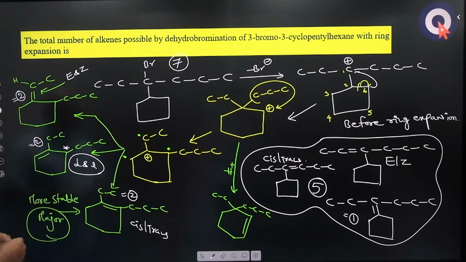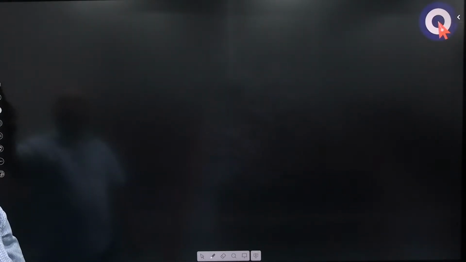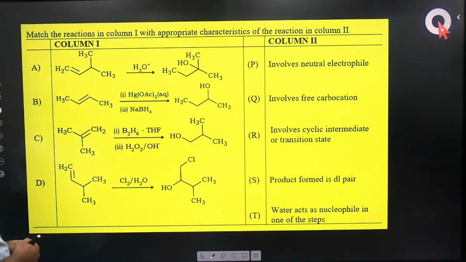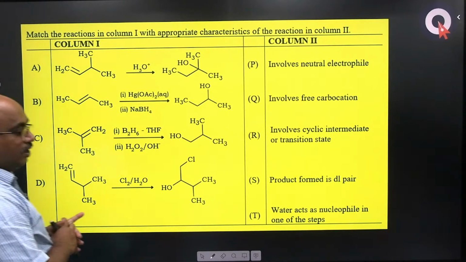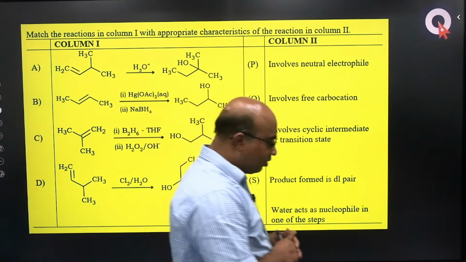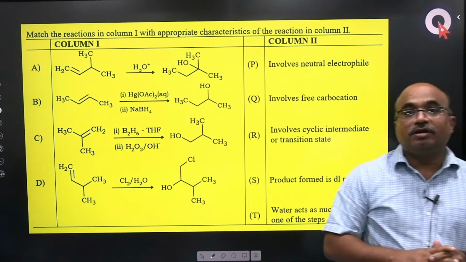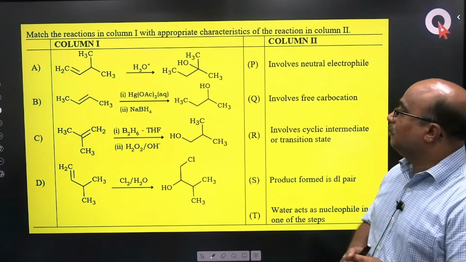So coming to the next thing, let us see the next question, one question. So this is alkene related, again addition reactions, electrophilic addition reactions in alkene. With this we just end the session now. So what is this?